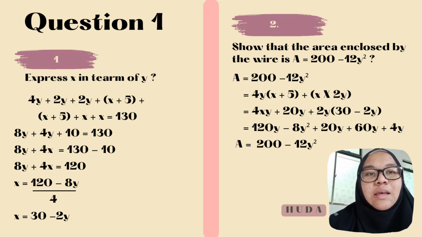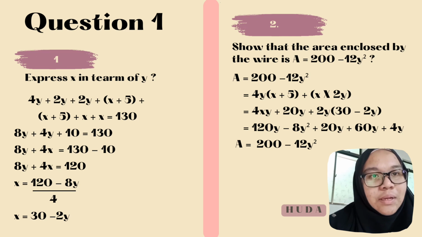And then 8y plus 4x is equal to 120, and then x equals (120 minus 8y) divided by 4, and then we get x equals 30 minus 2y, which is the answer for question 1.